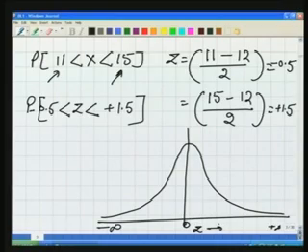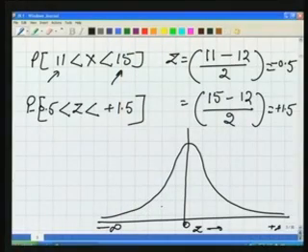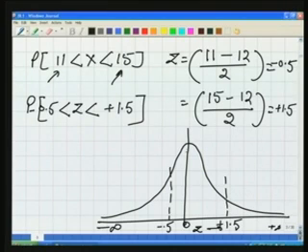Now what we are looking for is the area of this curve within minus 0.5, which may be somewhere here, and plus 1.5. So we are interested in the shaded area.